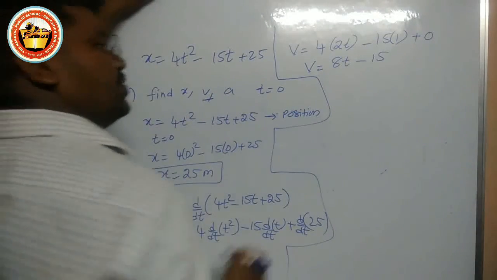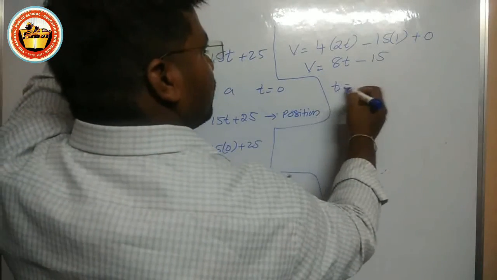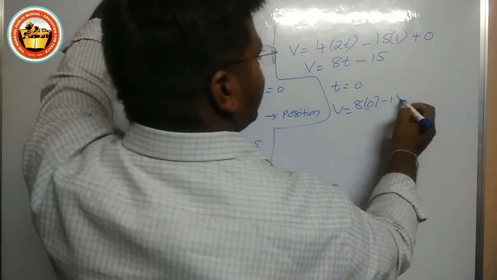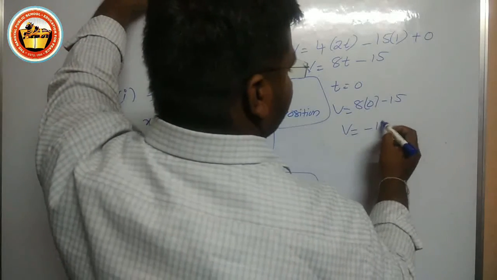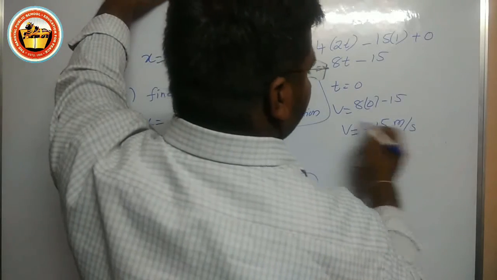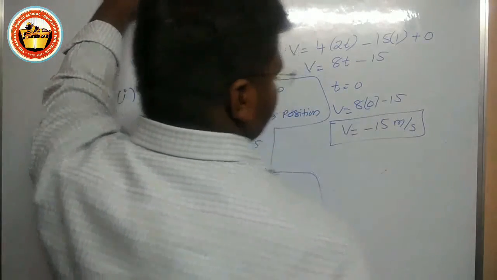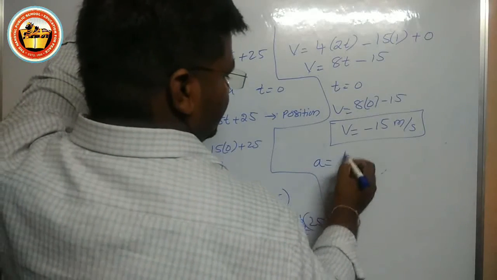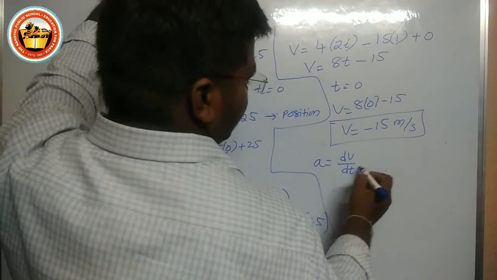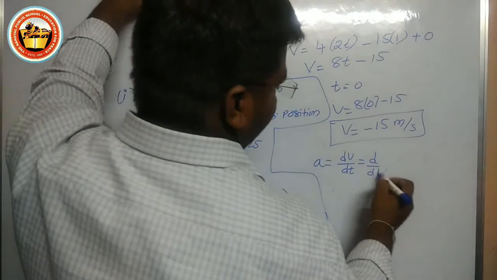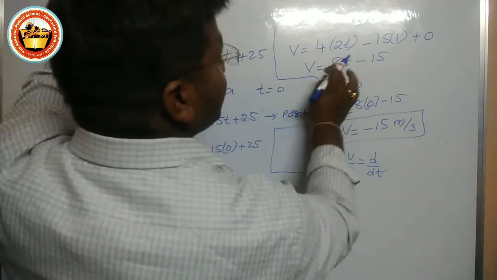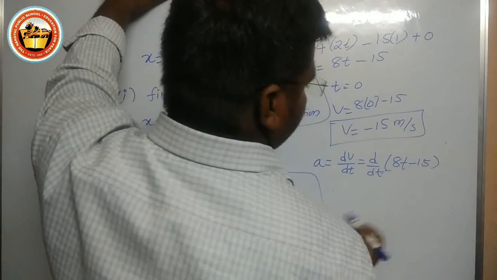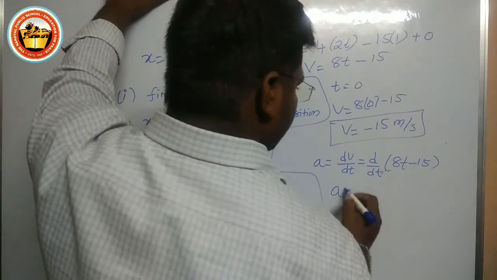Here t is equal to 0 means v is equal to 8 into 0 minus 15, so v is equal to minus 15 meter per second. Next, acceleration. Acceleration is equal to dv by dt, d by dt of 8t minus 15.